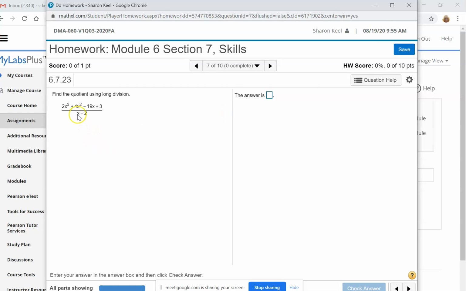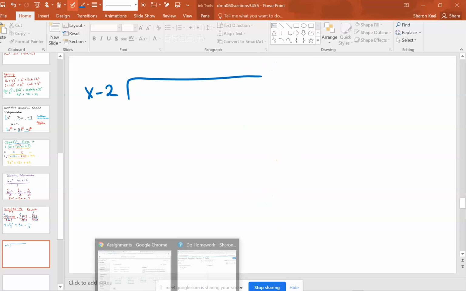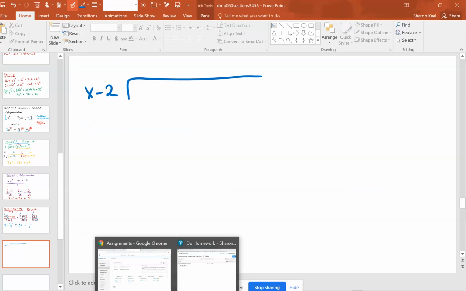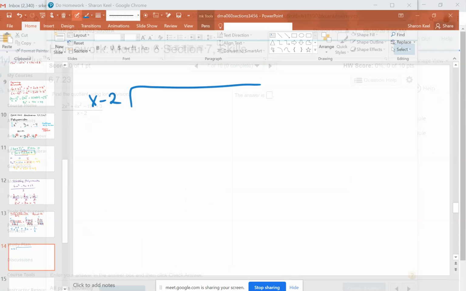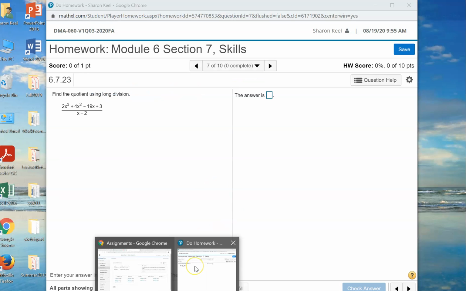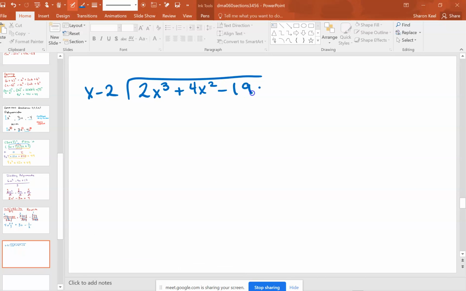So for a problem like this, we have a polynomial divided by x minus 2. So when I write it down on paper, I'm going to put the x minus 2 as my divisor. It's going to go into the polynomial that was on the top, which is 2x cubed plus 4x squared minus 19x plus 3.